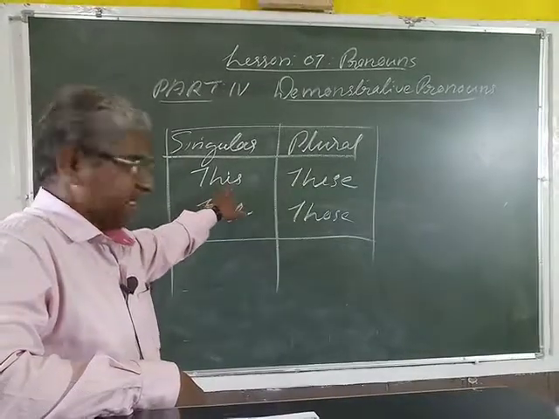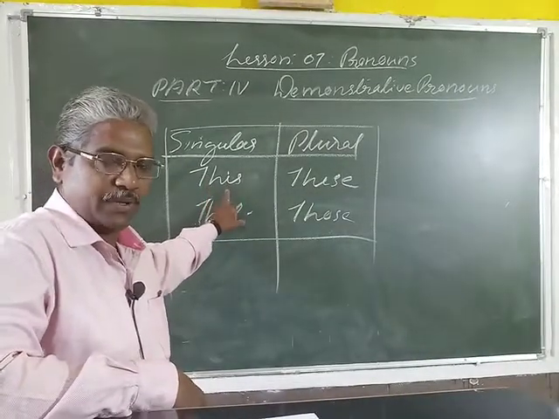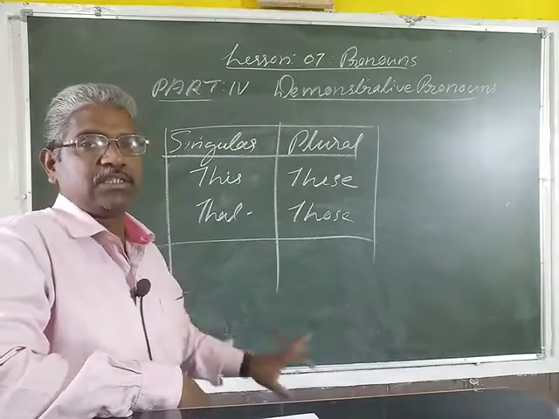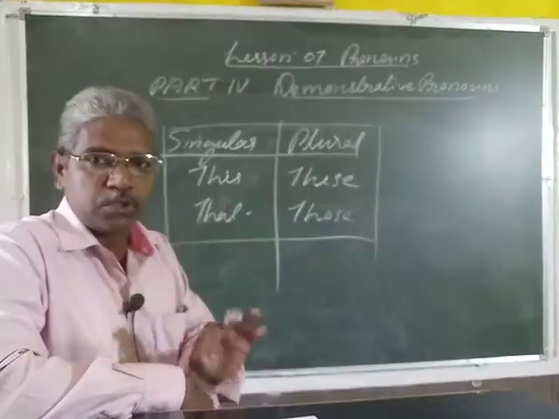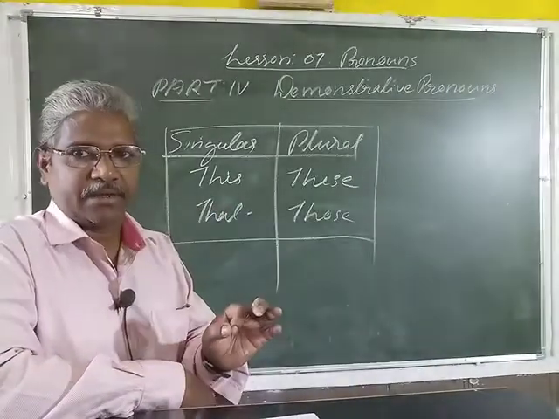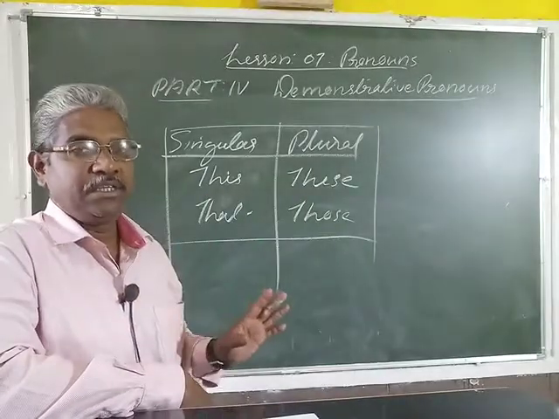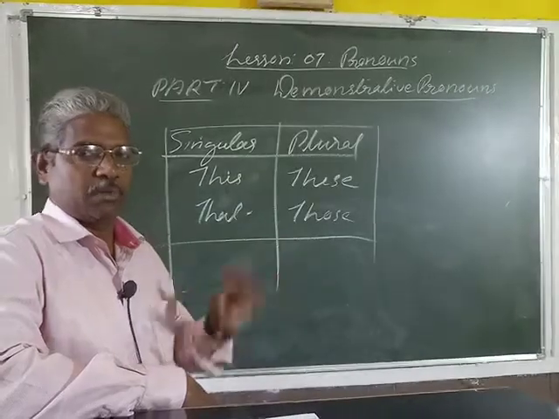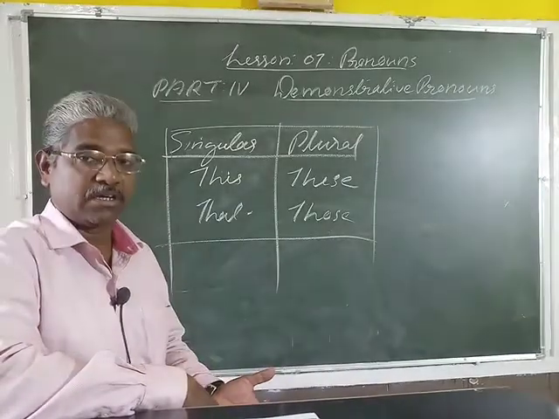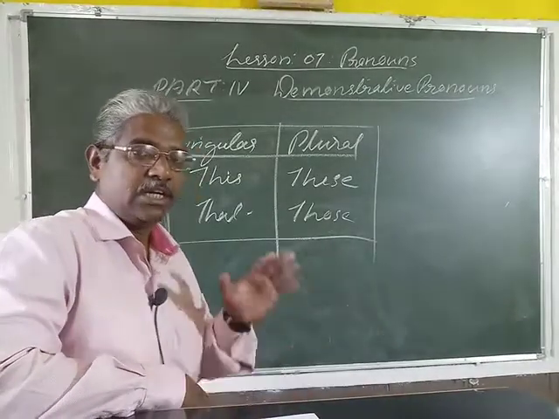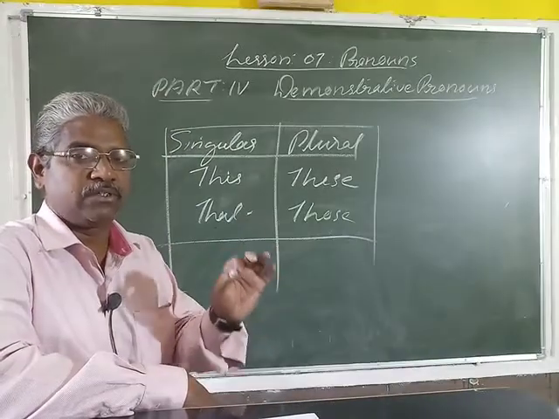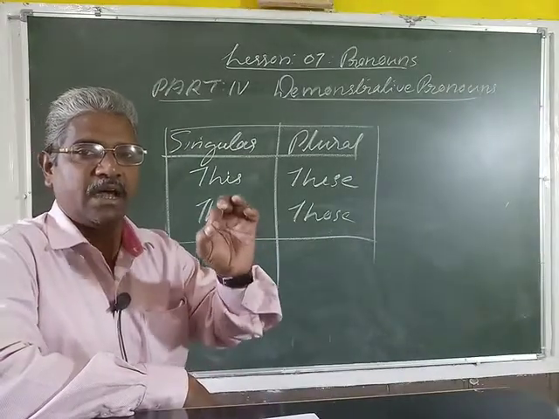Word means a group of letters, so we can call it a word. It is used to indicate or show an object and is known as a demonstrative pronoun. In other words, demonstrative pronouns show or indicate an object.